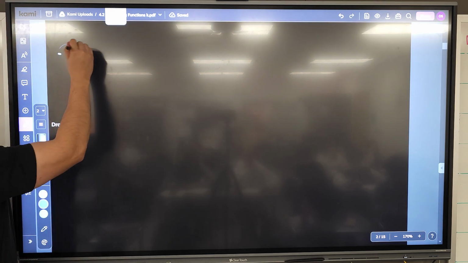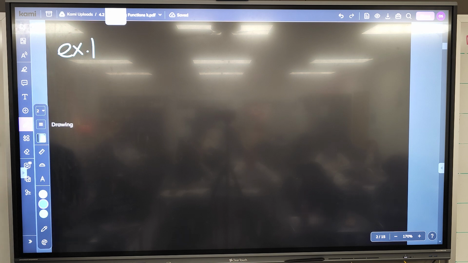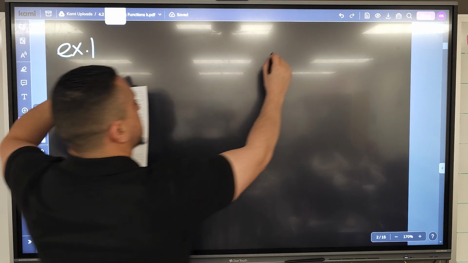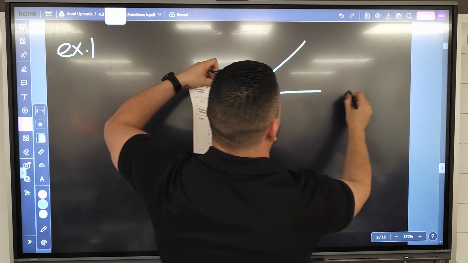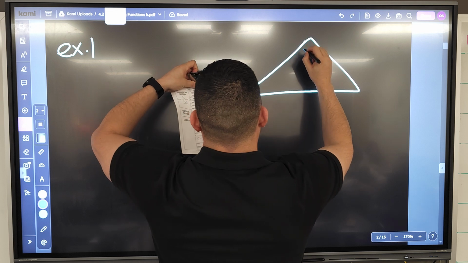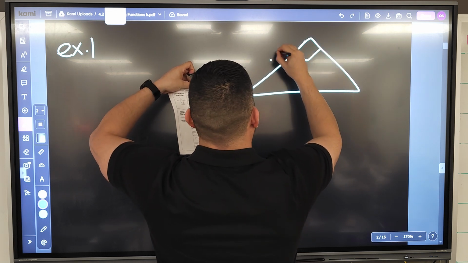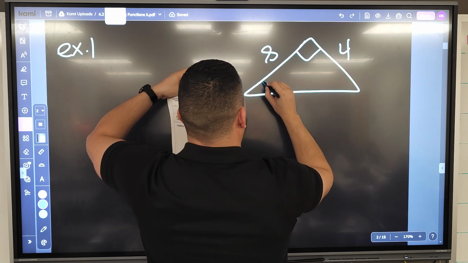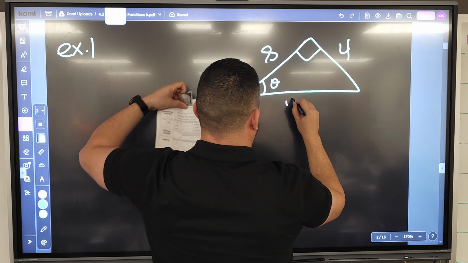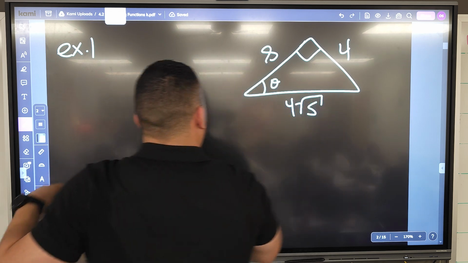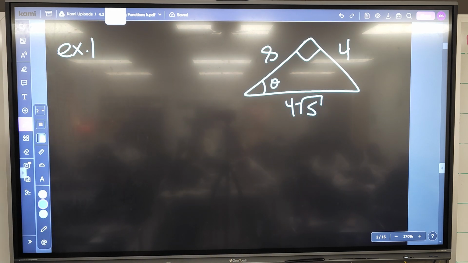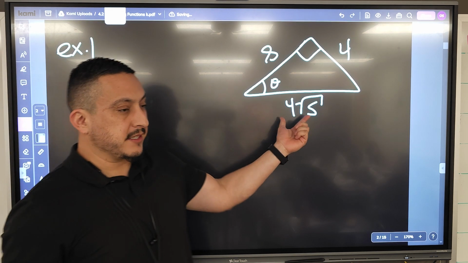Okay, so here we go. Let's do example 1. And let's do this triangle. This is the right angle, this is 8, this is 4, this is theta. That says 4 square root of 5. That's a little weird to you at first. 4 square root of 5 is just a number.